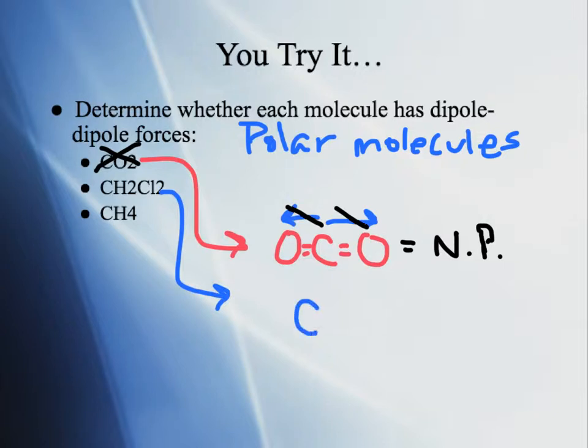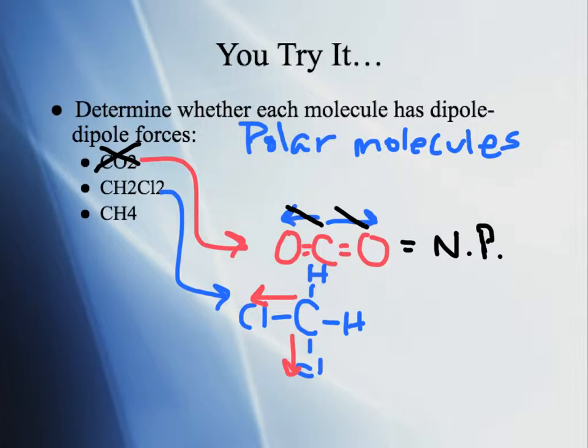CH2Cl2. All right, so we set up something like this. We know that if we look at the electronegativity difference between H and C, there is not much, so it's nonpolar. The bond between C and H is nonpolar, but the bond between carbon and chlorine is definitely polar. The chlorines are pulling with more force on those electrons than carbon.